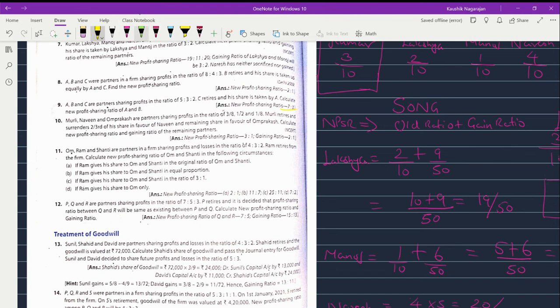Can you understand the problem? Here, it is not only one person who takes over. Murali's share is going to two individuals. So the word used here is surrender. Am I making sense to you? So please don't blindly follow. Understand the concept and then follow it.